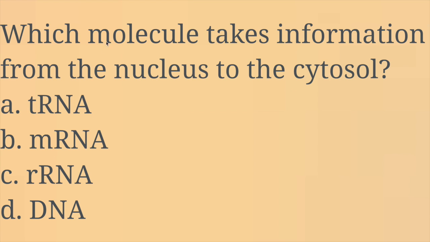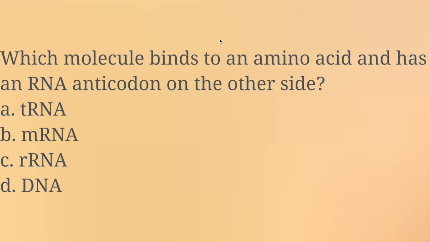And the correct answer would be mRNA. The DNA all has to stay in the nucleus, but we need to get the message out to the ribosomes, and mRNA is the molecule that does that. Which molecule binds to an amino acid and has an RNA anticodon on the other side? So this is an RNA molecule that binds to amino acids, and it's the tRNA that does that.